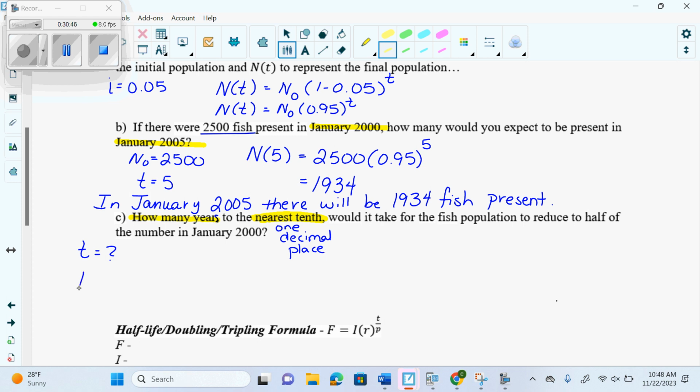So what's my final amount going to be? Yeah. So I'm going to get 11,250 equals 22,500 times 0.95 to the t. I have my initial and my final, so I have to divide.